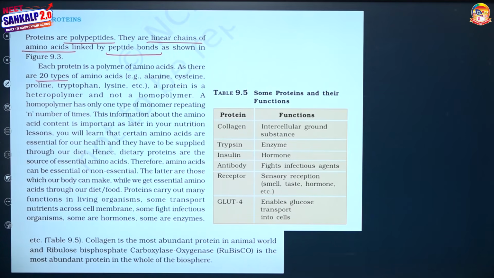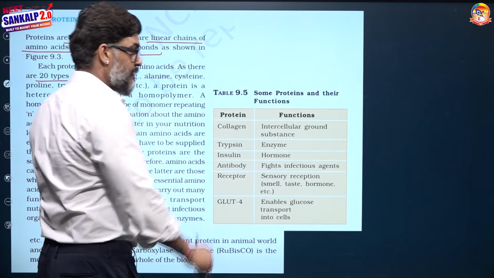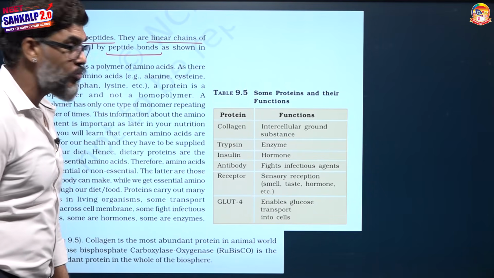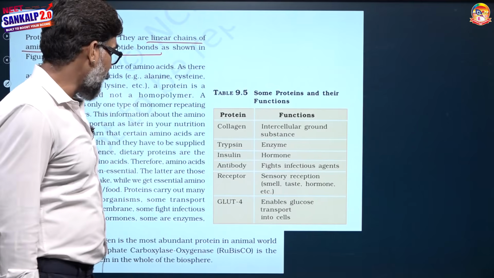A homopolymer has only one type of monomer repeating unit. This information about the amino acid content is important, as later in your nutrition lesson also. Some of the functions and examples of proteins are given here. Collagen is an intercellular ground substance of animal cells. Trypsin is an enzyme.